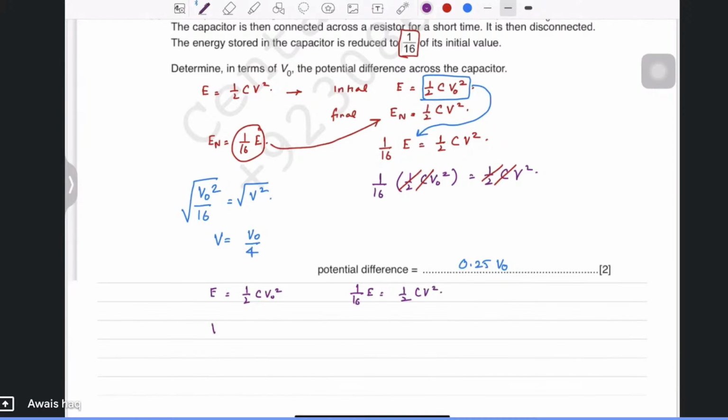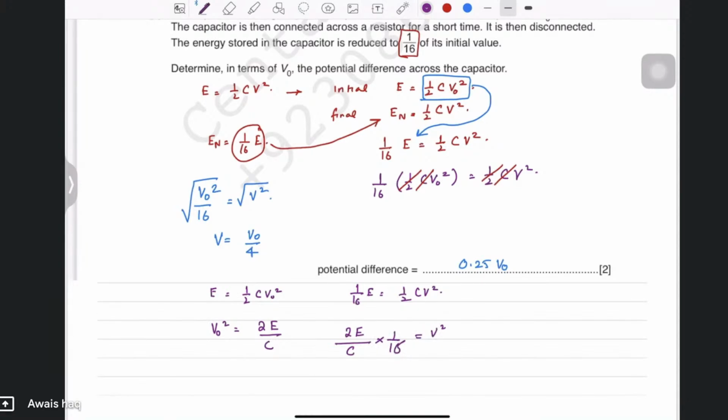Can I say V naught square would be 2E divided by C then? And can I say on the other side, it will be 2E over C times 1/16 is equal to V square?